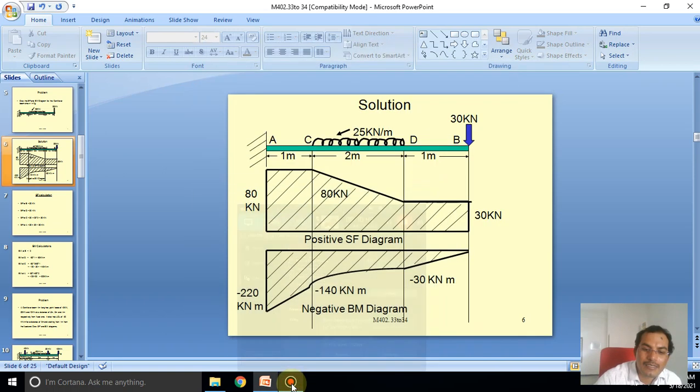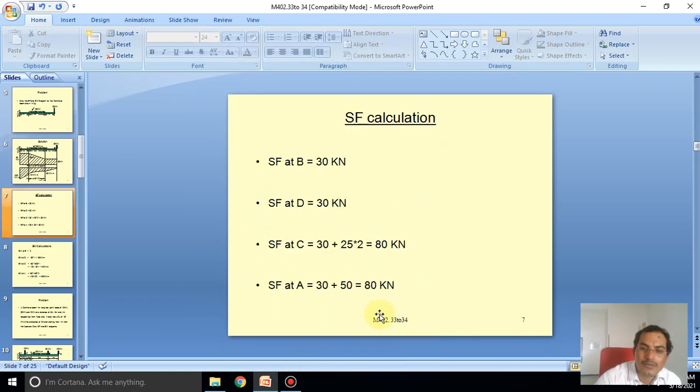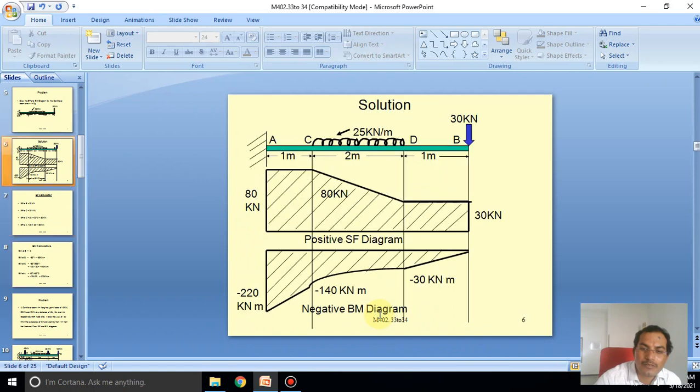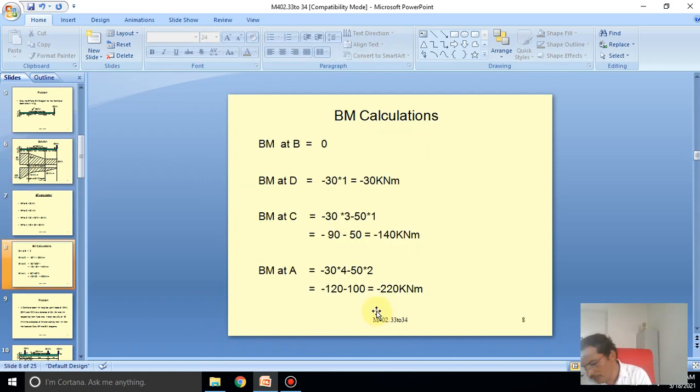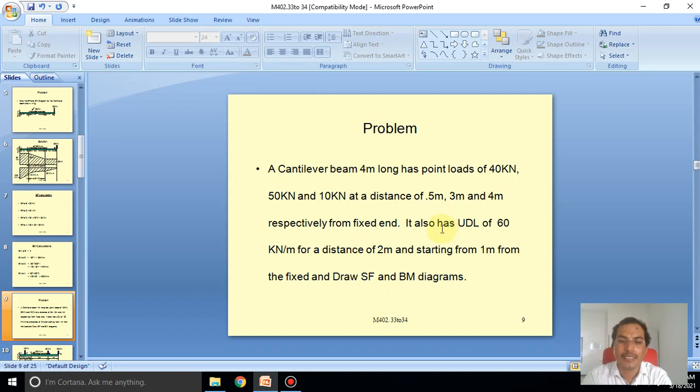We can calculate some more problems. Some problems will be the same as those given in this subject: how to calculate and how to draw them. The next problem we discuss in this topic.